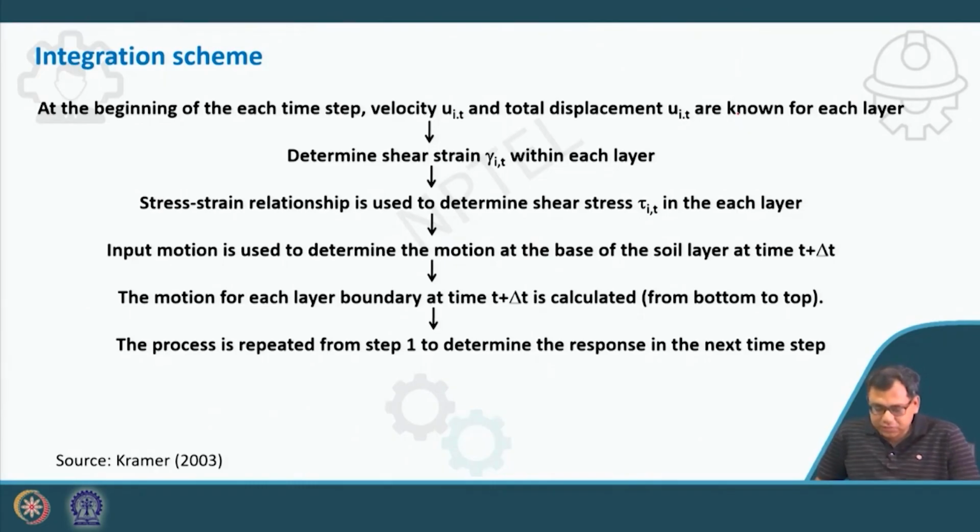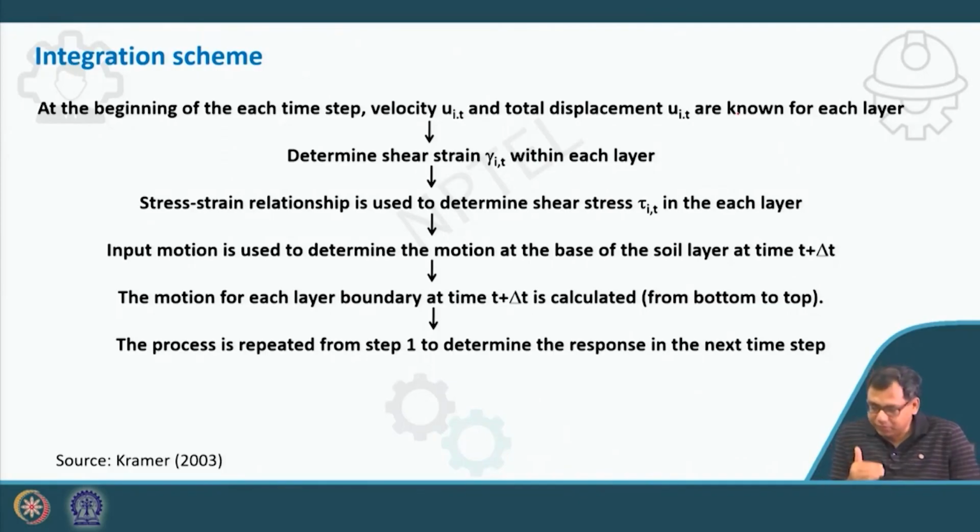The input motion is used to determine the motion at the base of the soil layer at time t plus del t. That is, the input motion will be determined at the base of the soil layer, the n plus 1 node or layer, at the time t plus del t. The motion for each layer boundary at time t plus del t is calculated from bottom to top.